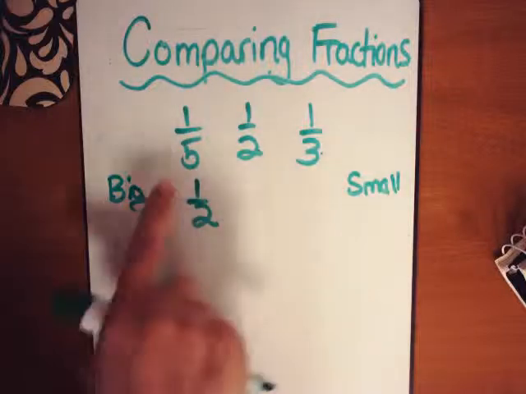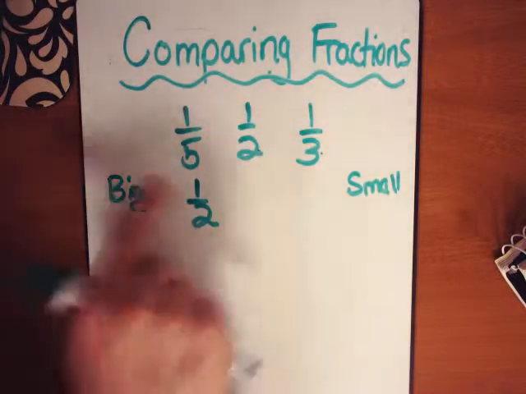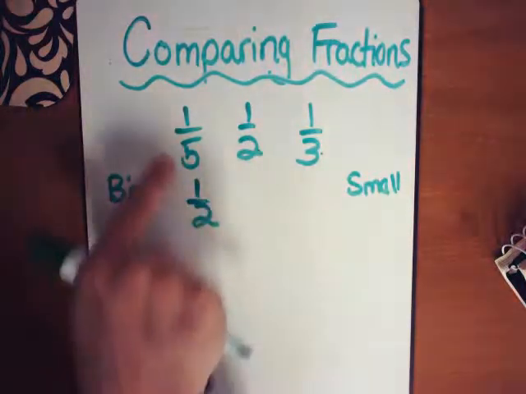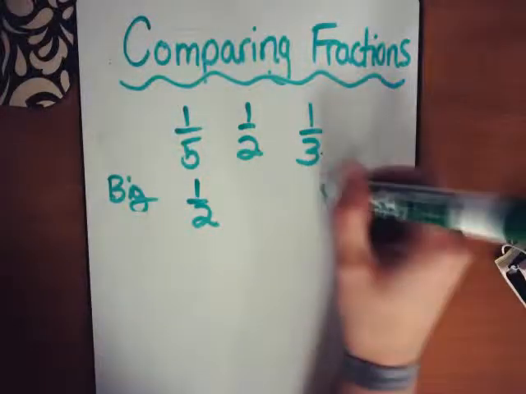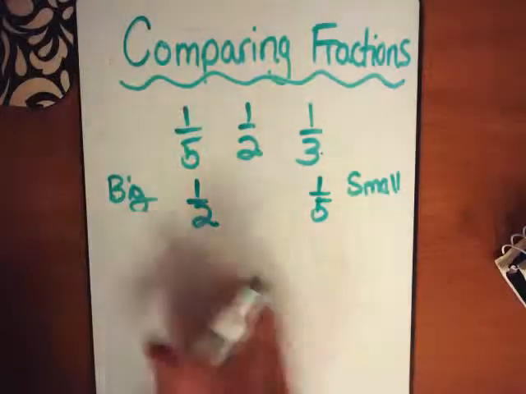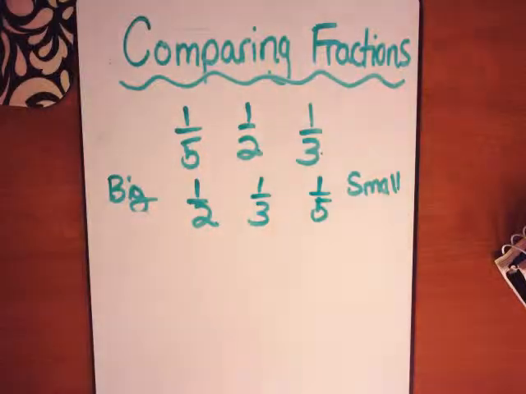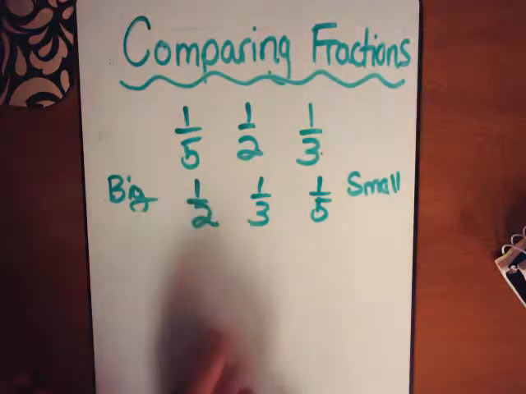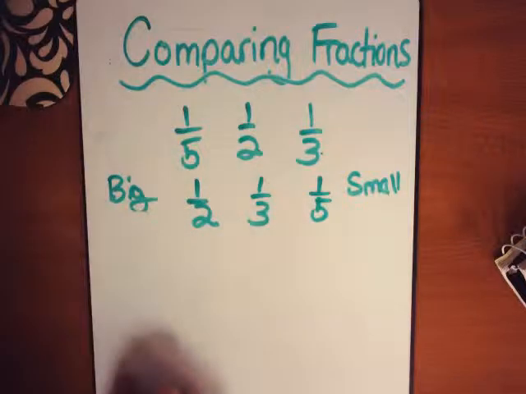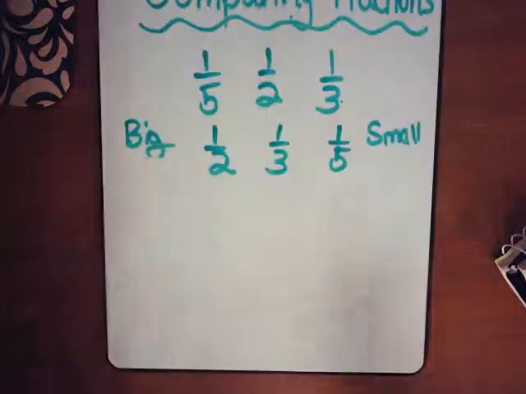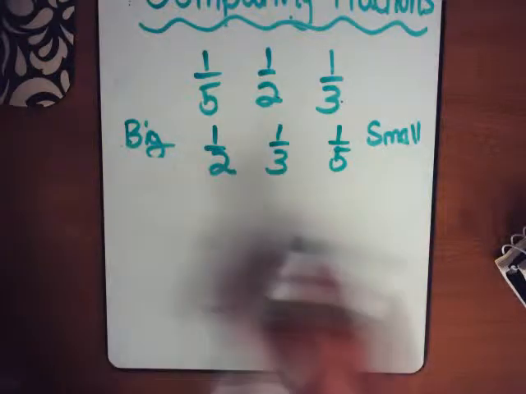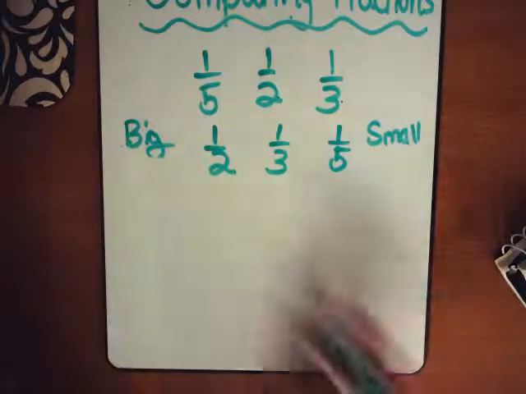If I were to break my whole into fifths, my fifth would be the smallest. So then my third would come in the middle. So when we've got like numerators, I just need to compare the size of those pieces.